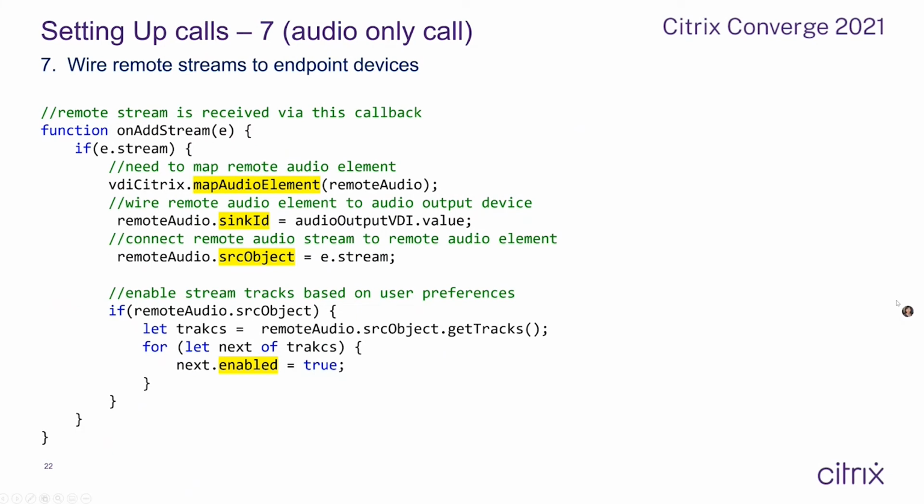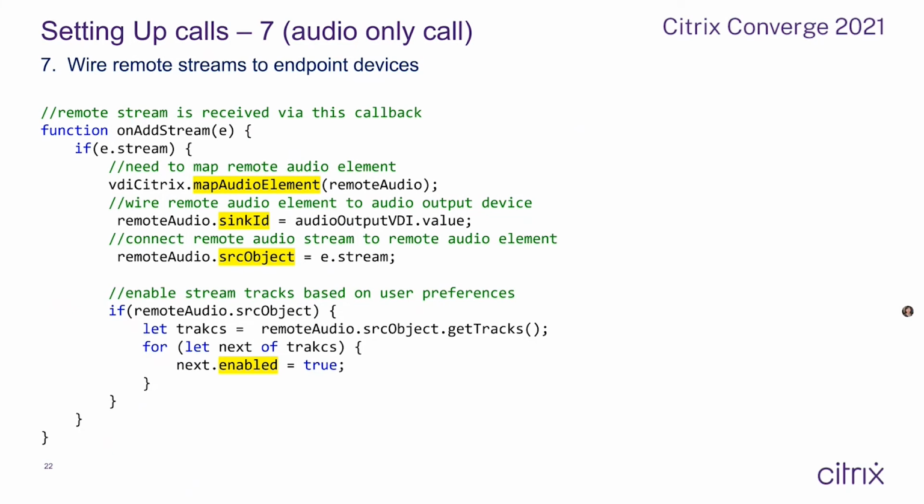So now we are ready to set up the remote stream. When the endpoint receives remote stream, this event is notified to application via peer connection callback method on add stream. For audio-only calls, audio element needs to be mapped first, then wire audio output device to audio element by sync ID property.